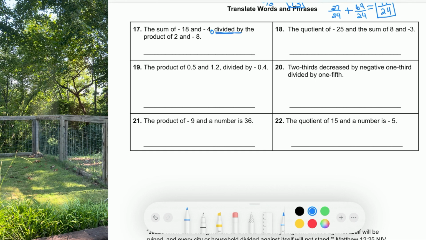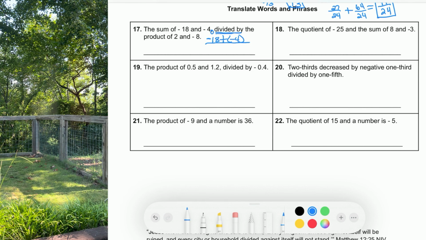And then what's after that comma is going to be in the denominator, the bottom of that fraction. So the sum of -18 and -4, sum tells me I'm going to be adding those two numbers. So I have -18 plus -4, comma, so I'm going to put my division sign, my fraction bar, divided by the product.